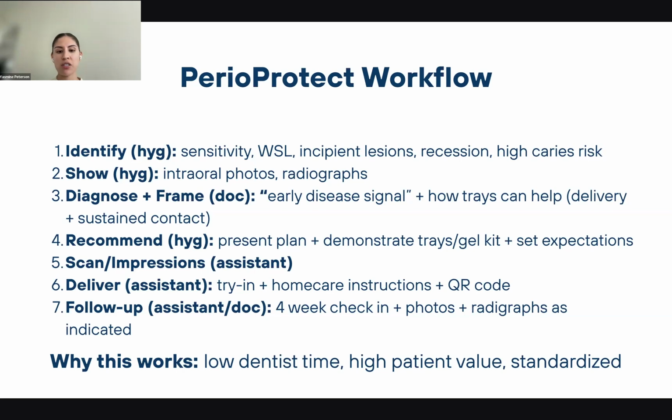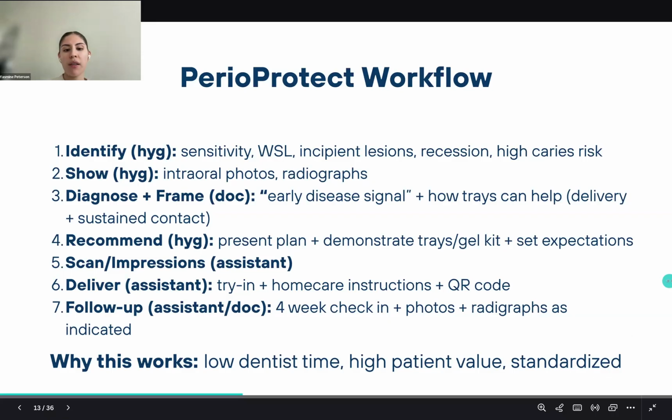I usually have my patients come in for a 4-week checkup. This is very quick, probably only takes maybe 10 to 15 minutes. I'm just there making sure that everything is fitting properly, that they're using the trays, probing if needed, taking photos if needed. I don't really take radiographs, but if you want to, maybe you can.